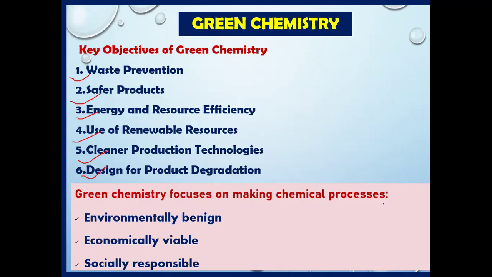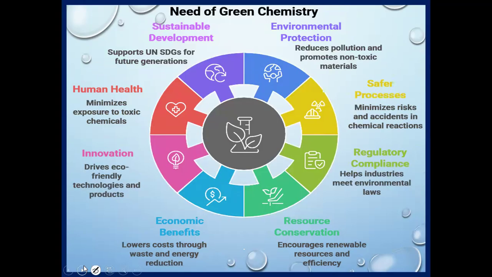Now, green chemistry focuses on making chemical processes environmentally benign, that means friendly to the environment, economically viable, meaning cost-effective processes, and socially responsible. That means the chemical processes are designed in such a way that their negative impact on human beings and all living beings will be reduced.